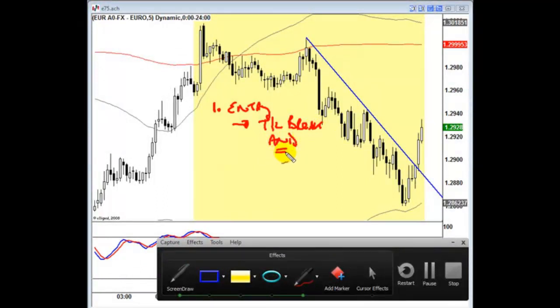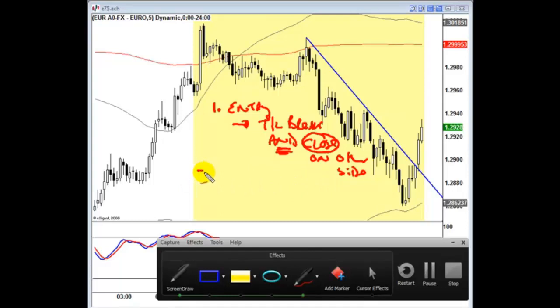Very important: close on the other side. First of all, the entry is based on a trendline break plus a close. It has to close on the other side of the line. It cannot just poke through and kind of come back down underneath or above, depending on which direction you're trading. It must close and remain there on the 5-minute rollover.